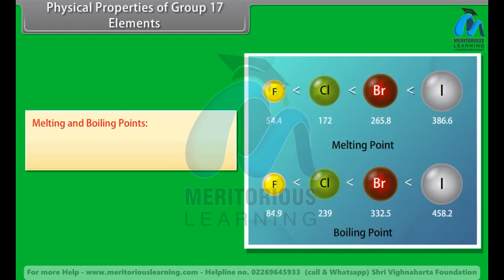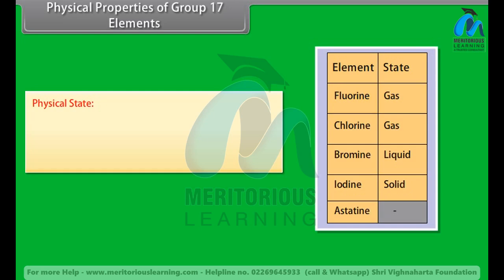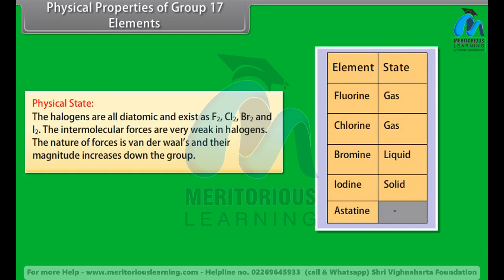Melting and boiling points. Melting and boiling points increase with increase in atomic number. This indicates that the strength of intermolecular forces of attraction between the molecules increases with the increase in atomic number. Physical state. The halogens are all diatomic and exist as F2, Cl2, Br2, and I2.